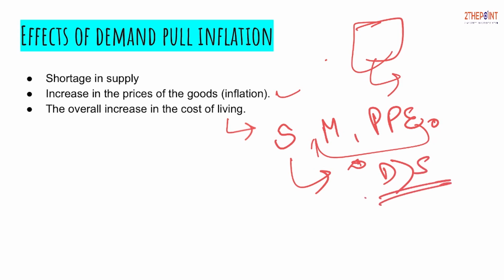So that causes a chain effect where increase in the price of certain goods and services leads to increase in the price of other associated goods and services as well. And this leads to a chain reaction which leads to an overall increase in the cost of living of people of a country. So these are the three major effects of demand pull inflation.